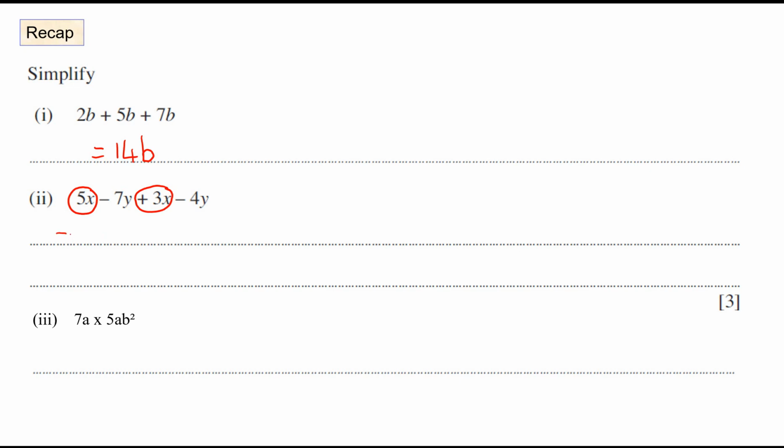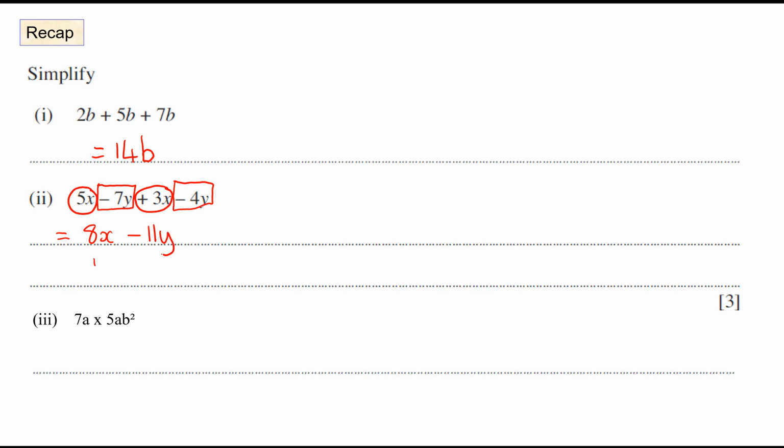Let's collect these together. 5x plus 3x is 8x. And then we have a minus 7y. Is there a like term to that? Yes, here. Minus 4y. So remember your negative numbers. Minus 7 minus 4 is going to be minus 11y.